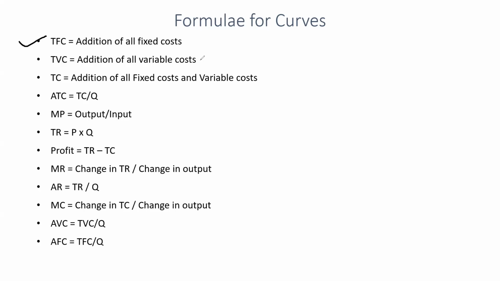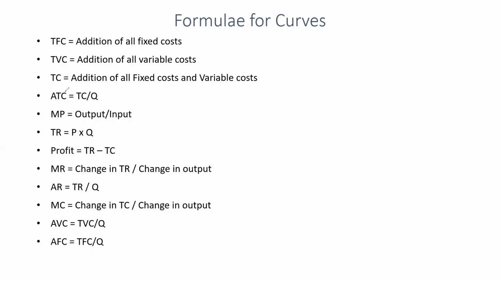If you serve more dishes on a particular day, the cost for creating those dishes will increase for that particular day. So these things fluctuate. They are variable costs. Adding all the variable costs together gives you total variable cost. Adding total fixed cost and total variable cost together gives you your total cost.